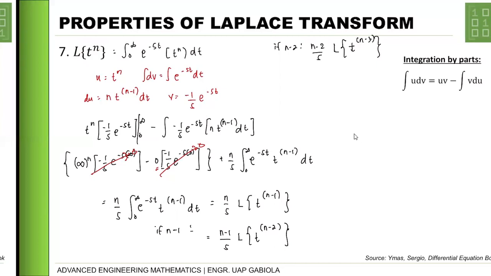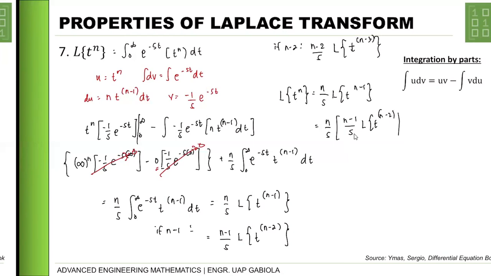Okay? So, ibig sabihin, we can have halimbawa na t raised to n. So, halimbawa, i-assume natin, di ba, nakuha natin, n over s is L of t^(n-1). Okay? Pwede natin gawin si n over s, multiply natin yung kasunod niya. So, n minus 1 over s, okay, times yung kanyang L of t^(n-2). Okay?